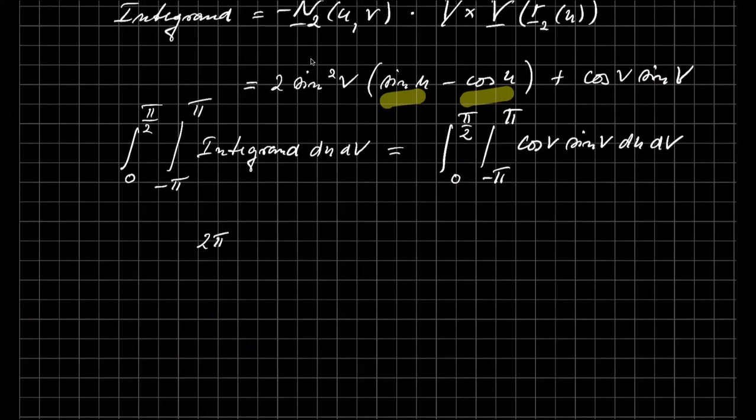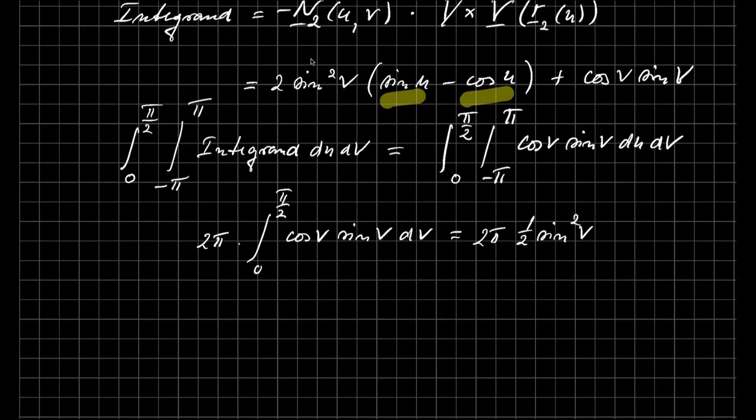Then you get the integral from 0 to pi half of cosine v sine v dv. Using substitution, you get 2 pi times 1/2 sine squared of v.